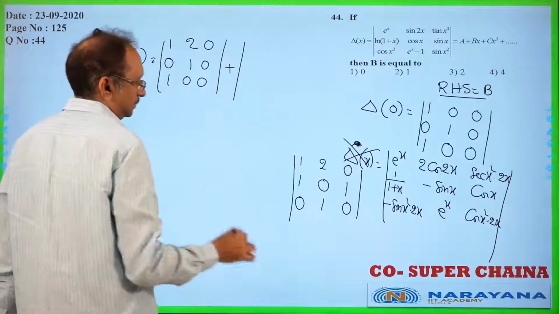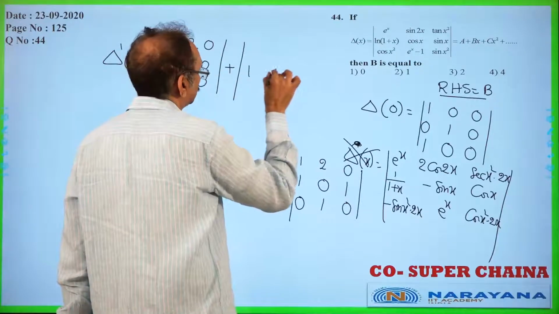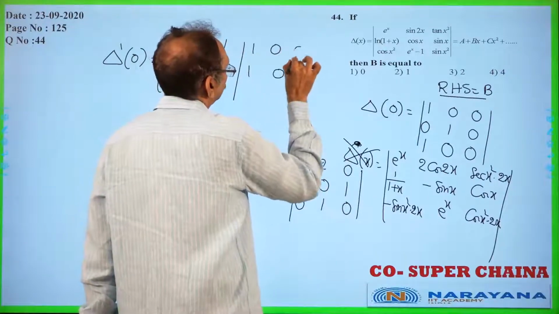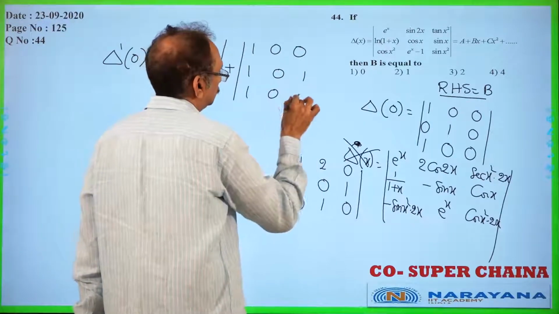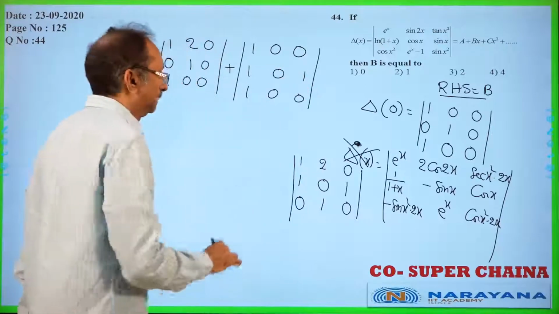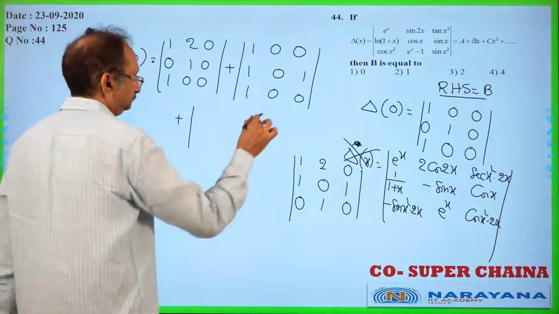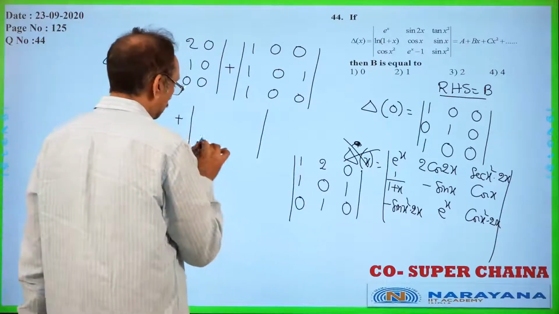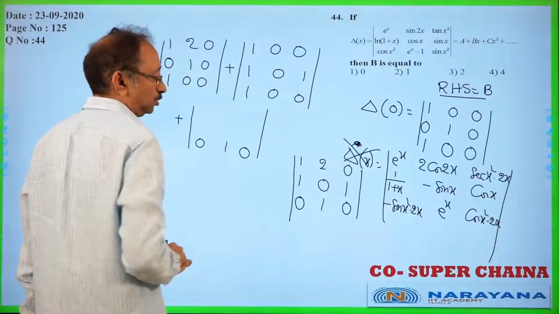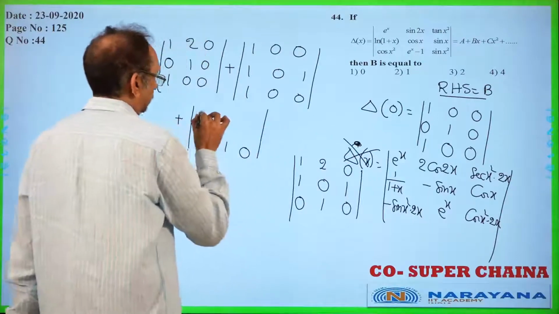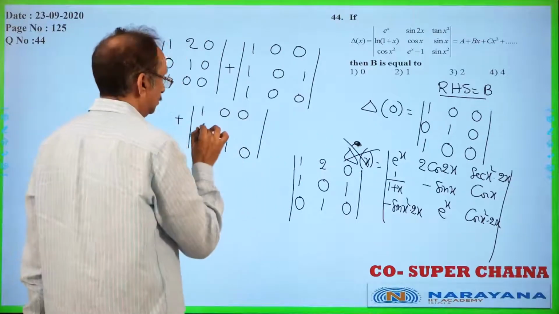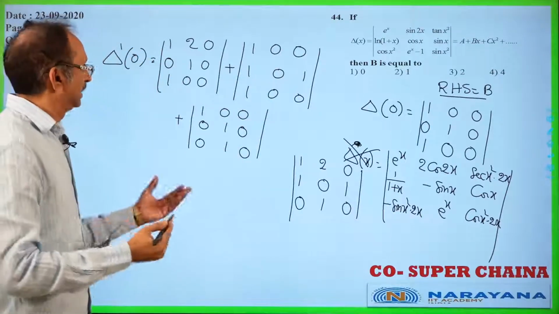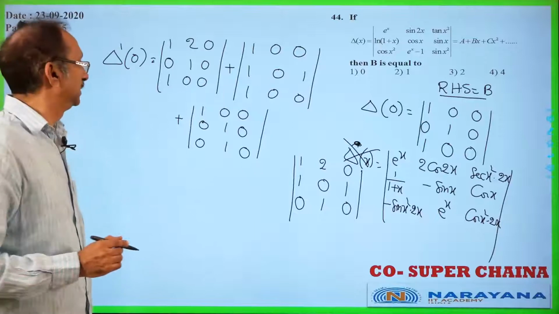Plus the second row from the derivatives, 1, 0, 1, and the first row and third row as they are, plus, and what is this? The third row 0, 1, 0 and the remaining 1, 0, 0, 0, 1, 0 from that determinant. And this is the value of B.